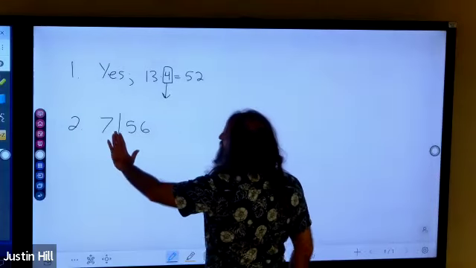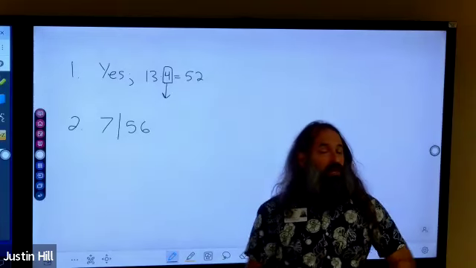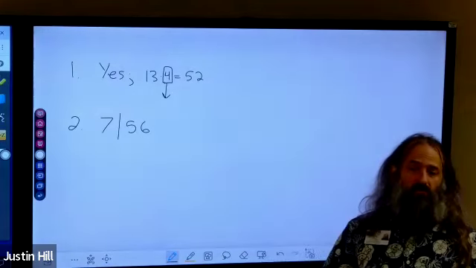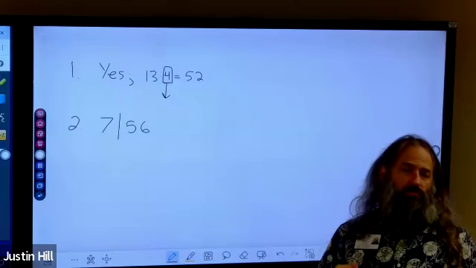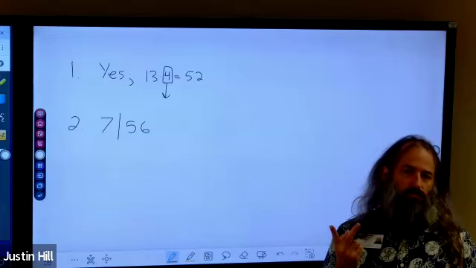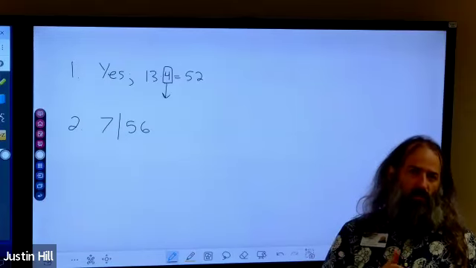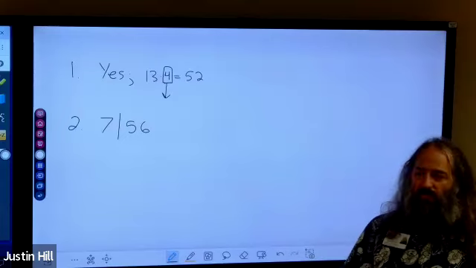Here they're asking, does 7 divide into 56? They're still asking the same thing: can you find an integer where 7 times that integer gives you 56? But notice the order of the numbers is reversed. The number you're dividing by comes first here.